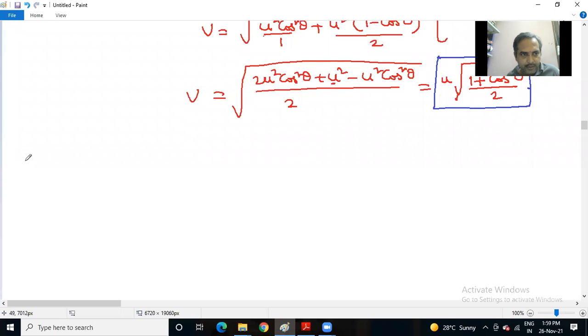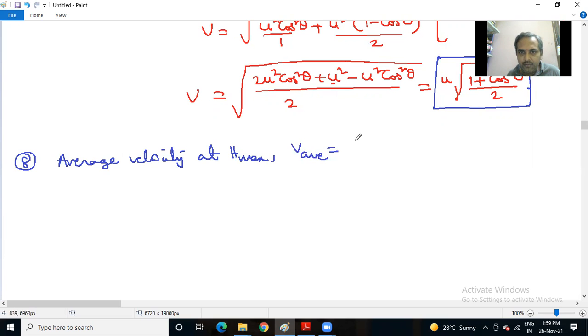Now point number 8, average velocity at h max. So V average is equal to (V plus U) by 2. Get back, there is no Vy at maximum height. There will be only U cos theta at maximum height.